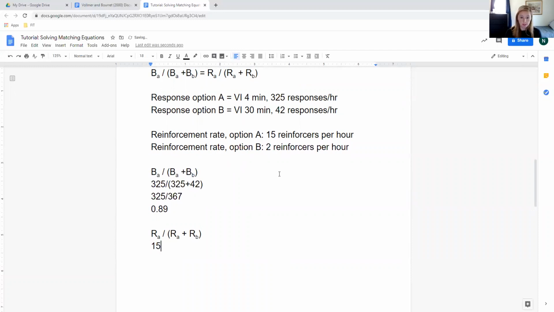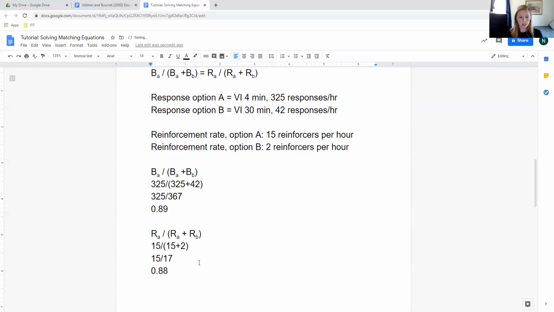That would be 15 reinforcers available per hour on option A, divided by the sum of the reinforcement available on options A and B, 15 plus 2. Next, we complete those parentheses. 15 plus 2 equals 17. And lastly, we do that division.